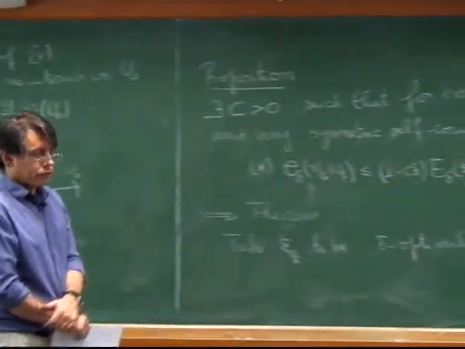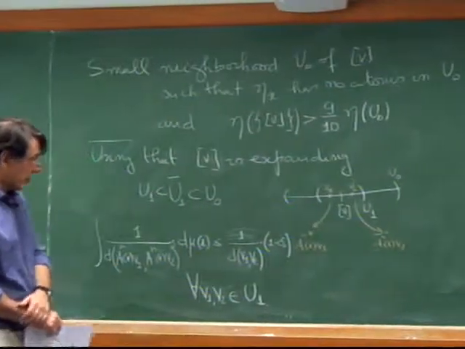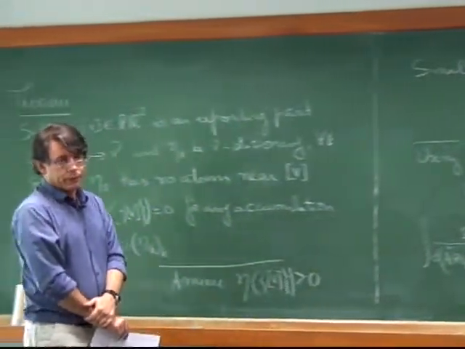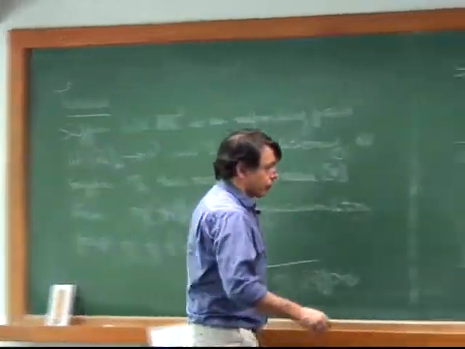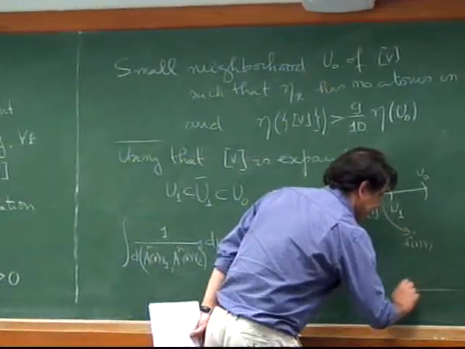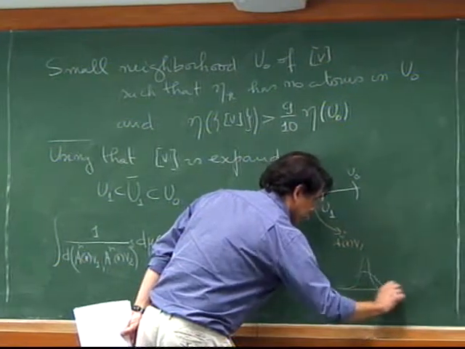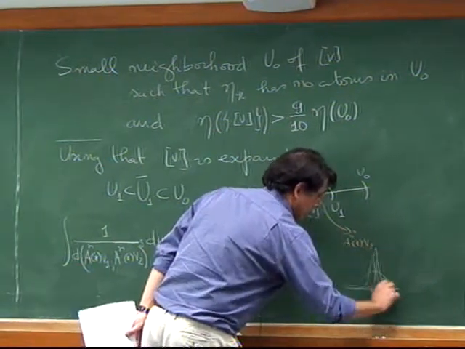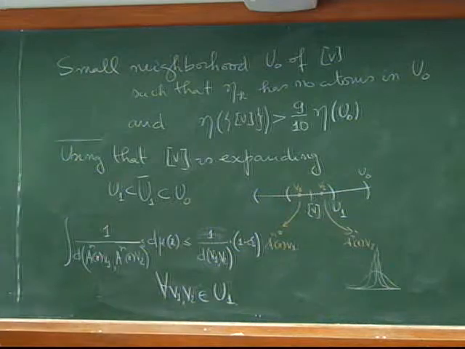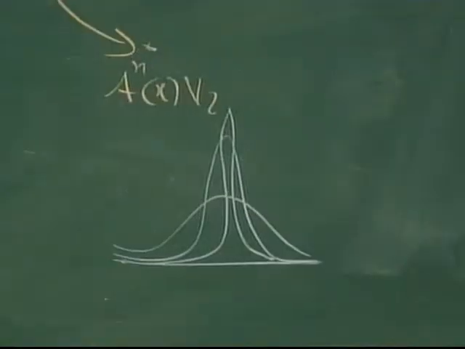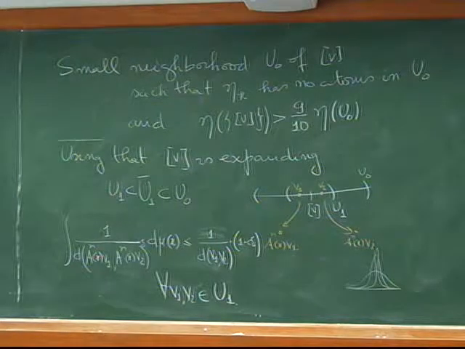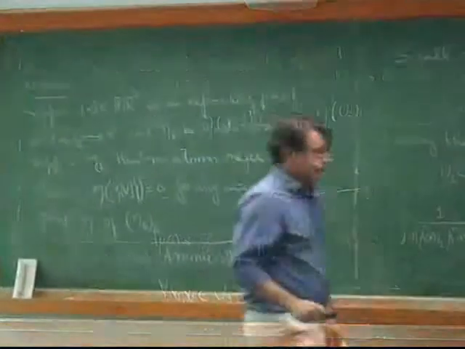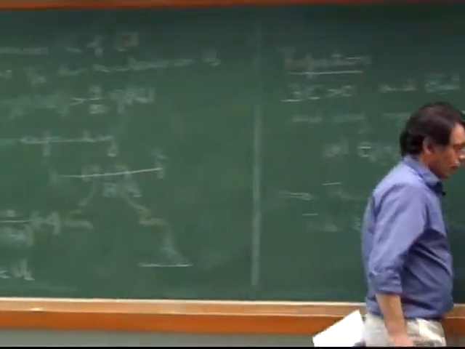And measures that are uniformly bounded cannot accumulate, cannot generate atoms as we go to the limits. Because as you build up to produce atoms, this forces the energy to go up. Because you're putting a lot of mass in a small region of space, so the electrons are very close, and that forces the energy to go up.